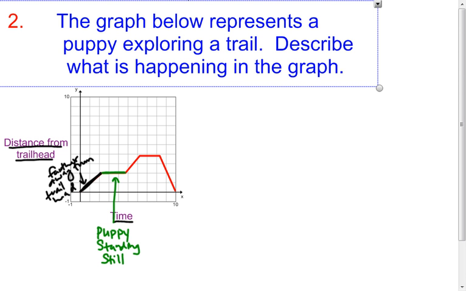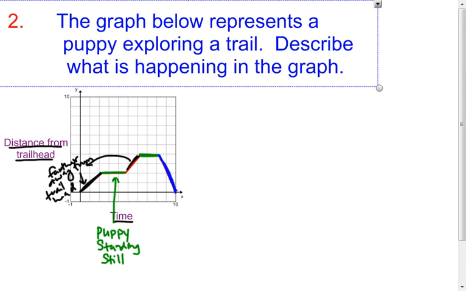Okay. And then again, right here, the distance is getting farther away from the trailhead. I color-coded it. And again, right here, the puppy is standing still, or the puppy is stopped, because that's what the green means. Okay. And then down here, in the blue section, something different is happening.